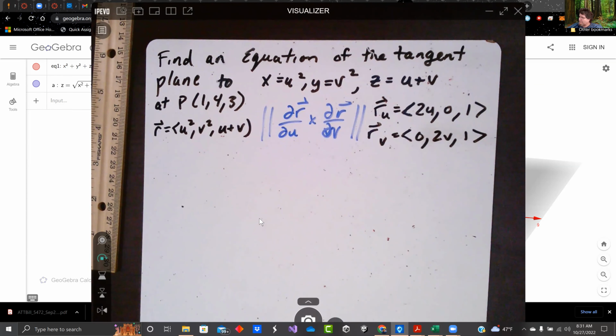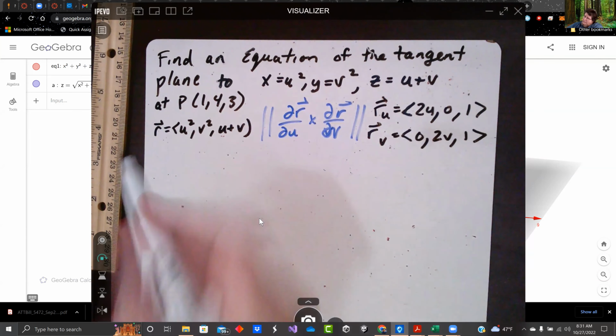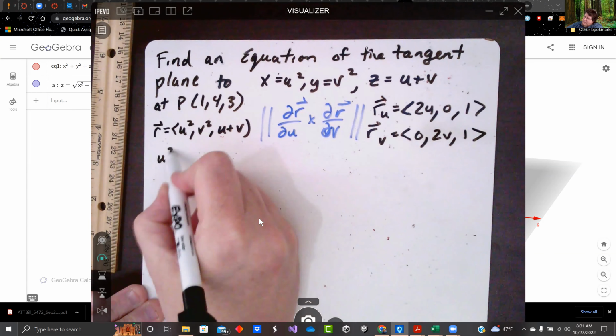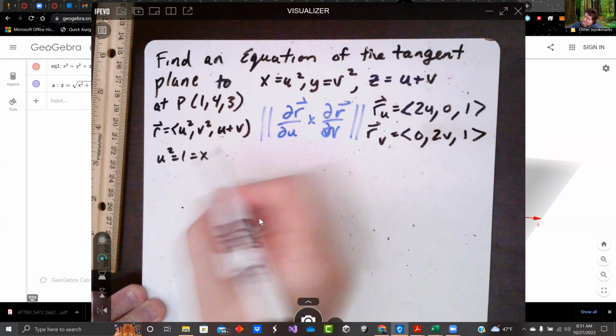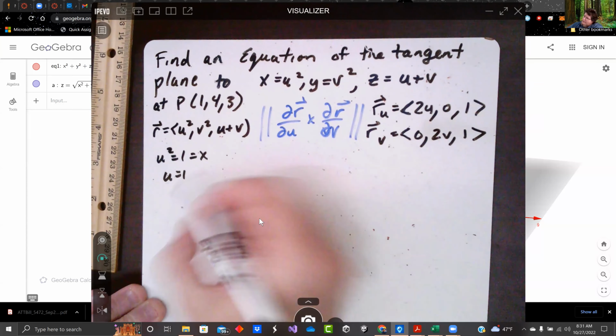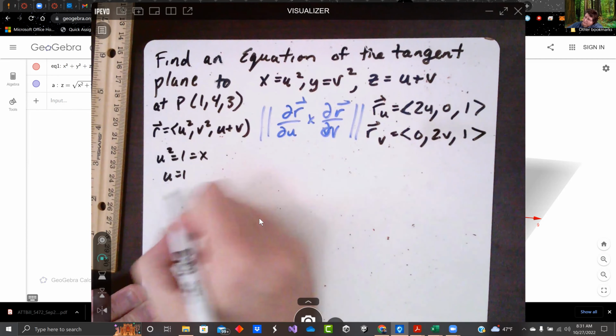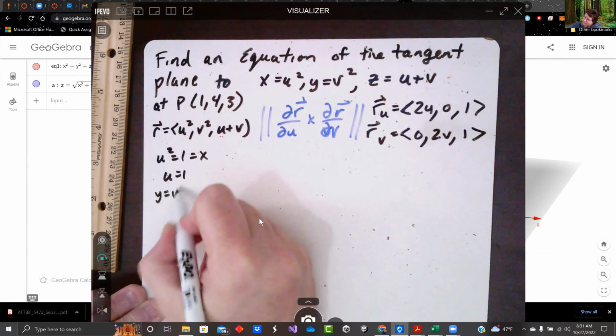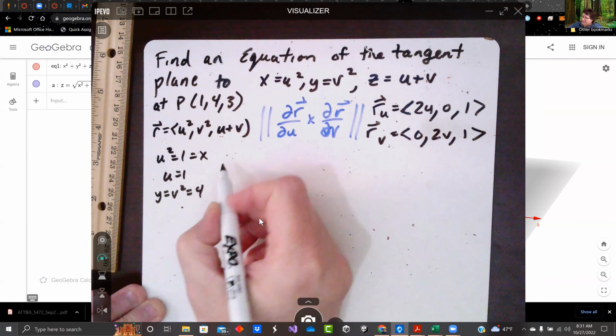And at the point 1, 4, 3, u squared equals 1, which is x, so u equals 1. v squared, or y, equals 4, so v equals 2.